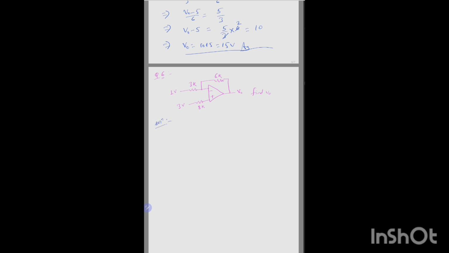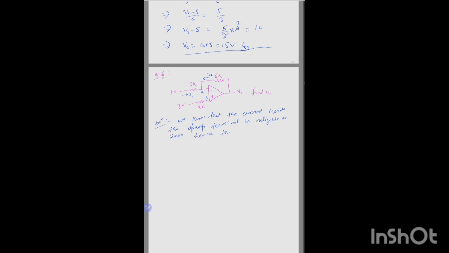How will we do? Give the names node A, node B, current I1 and current I2. We know that the current inside the op-amp terminal is negligible or 0.